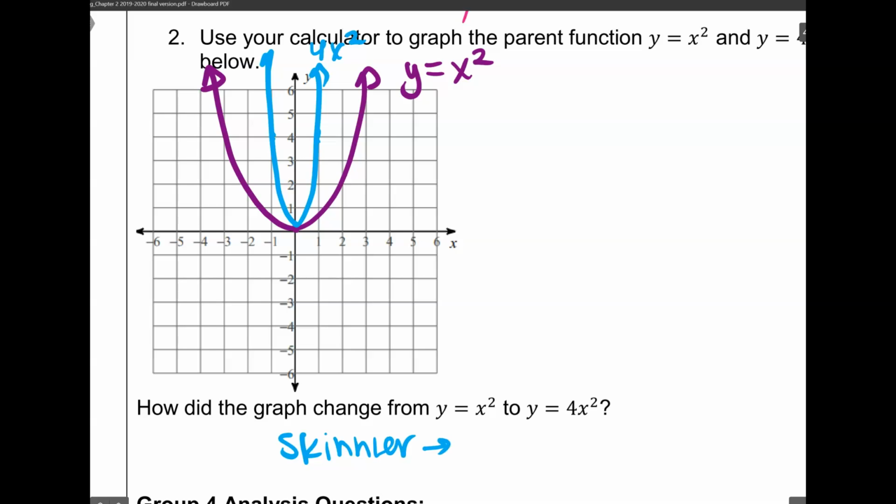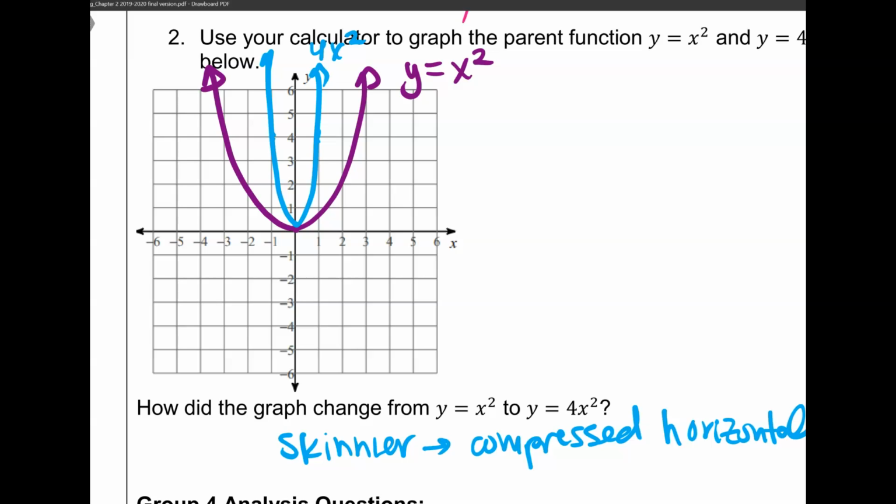It's almost like we took our old function and compressed it horizontally. What do I mean when I say compressed horizontally? Squeezing it together. It's like if you're having an accordion or maybe some bread or a sponge or something really soft like a pillow, and you squeeze it horizontally, right?